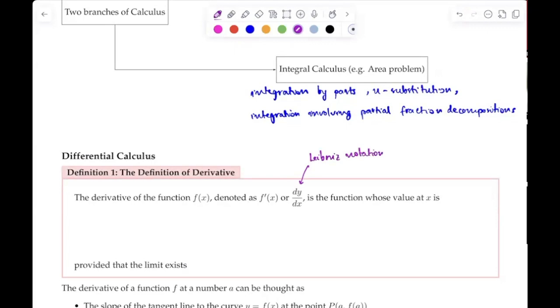Or you can use f prime, you can use them interchangeably, f prime, and this is the Lagrange notation. And for engineering people, they tend to use slightly different notations, although not many engineering people use this notation. This is called the Newton notation. So x dot means the first derivative, so this is Newton notation.